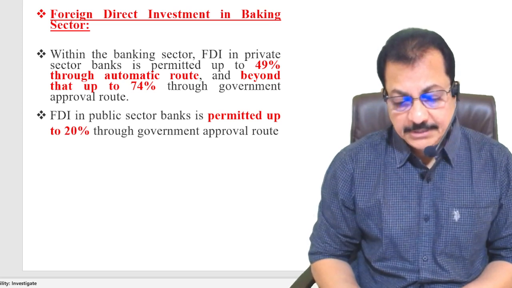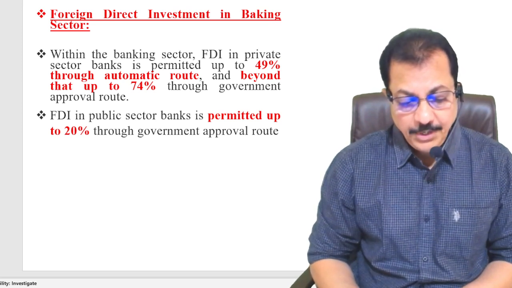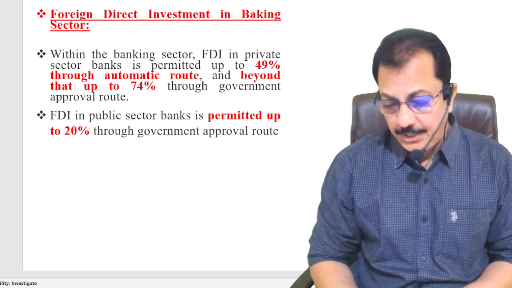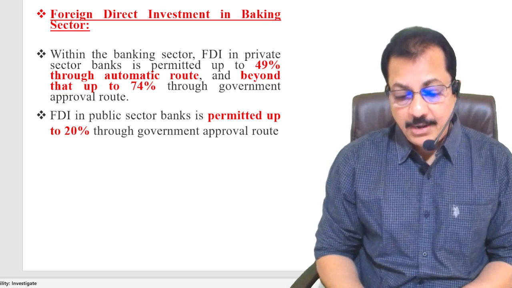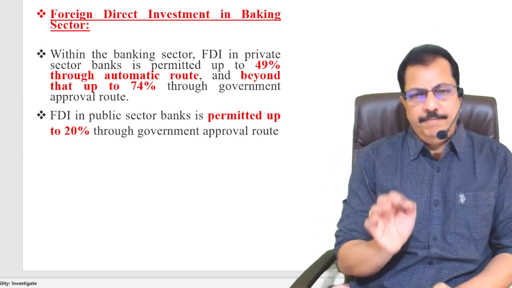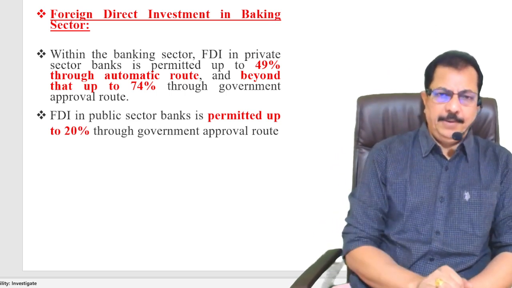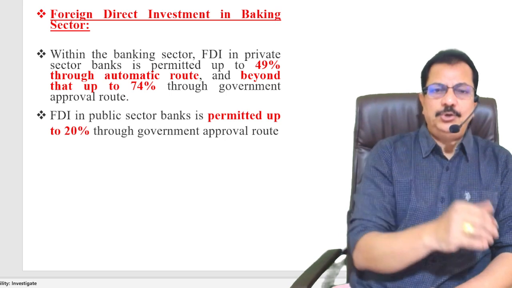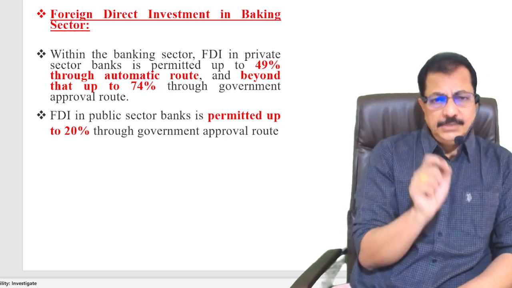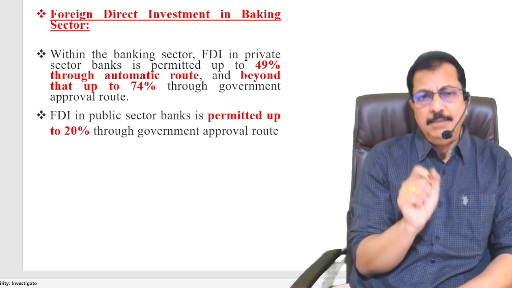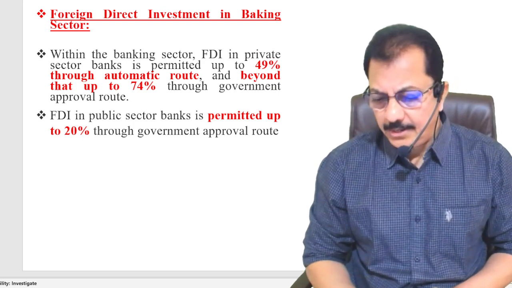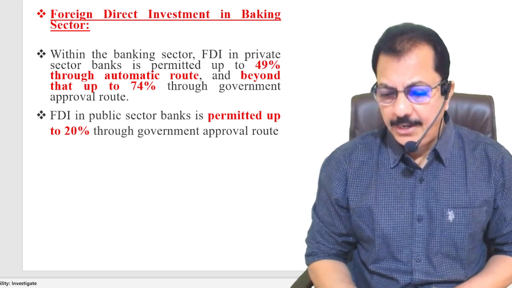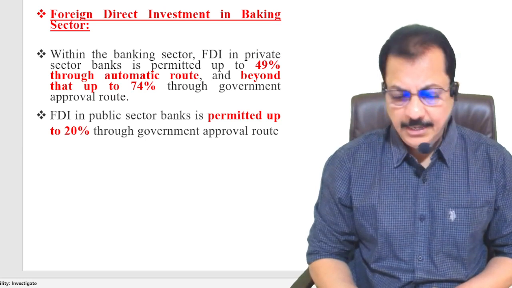FDI in public sector banks is permitted up to 20% only. Very important. And that too through the government approval route. So whatever page you are looking at on the screen, these percentages are really important for the examination. Please write down very carefully, and revise systematically later.